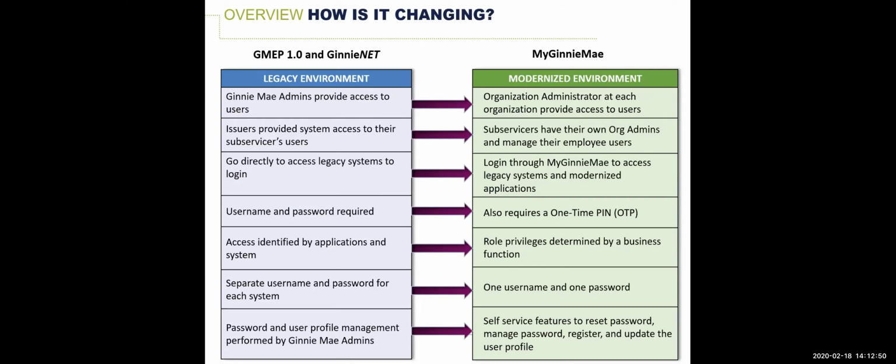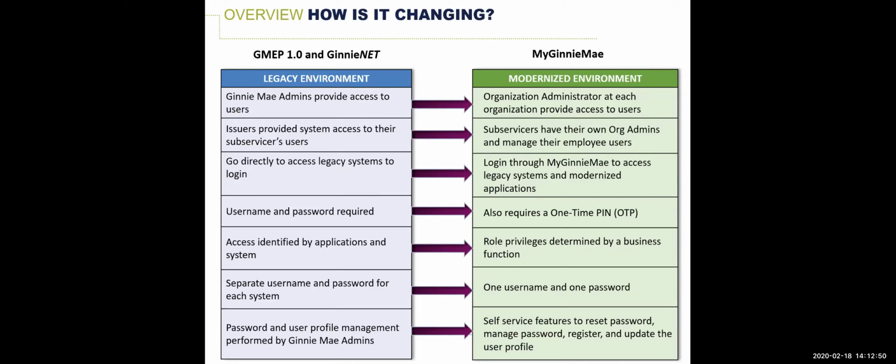So as an organization administrator, you're going to find that posted in the appendix of your user manual, as well as on the MOD page of the GinnieMae website, we have a functional role matrix. For each business partner type, be you single family, multifamily, subservicer, document custodian, HMDS, we have predetermined functional roles based on how your business is organized.